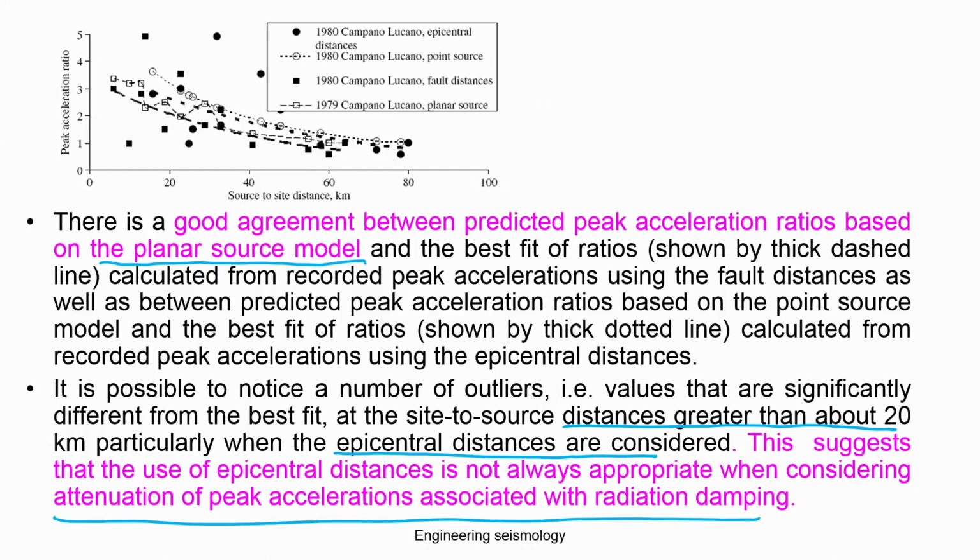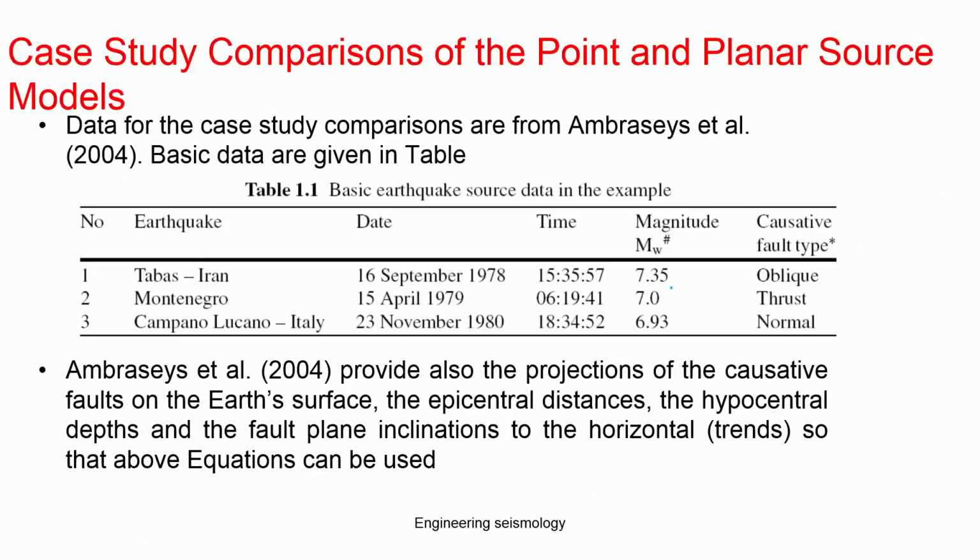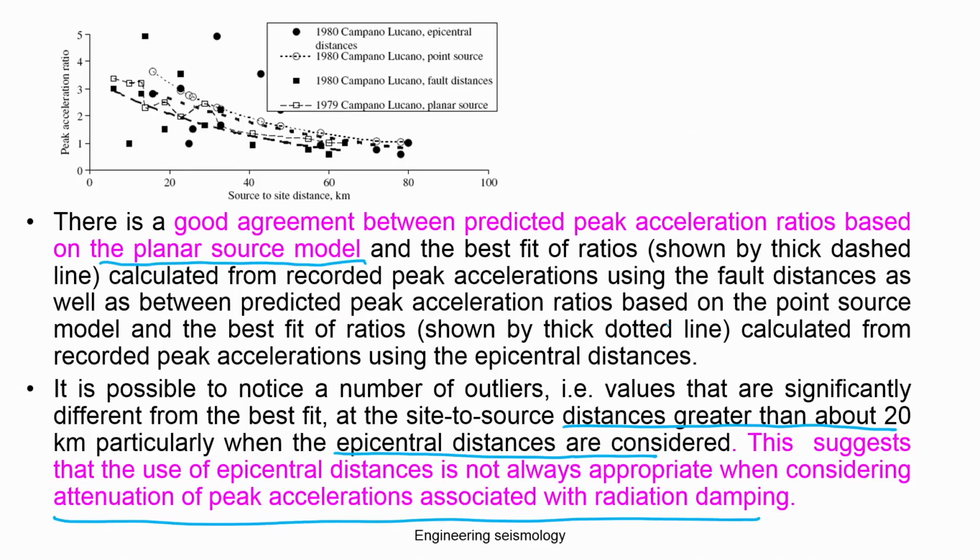Second, the use of point source models is not so effective when you have a bigger magnitude. Basically, you can see these magnitudes are very large, so you cannot use a point source model. If you use the planar source model and hypocentral distance, that will be more effective to interpret attenuation and model how the peak values or energy lose with respect to the distance.